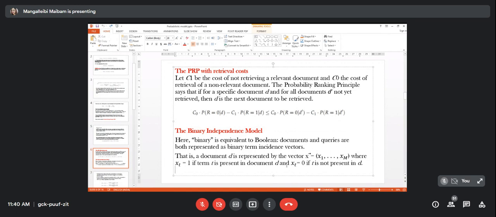The same concept we use here, but instead of the matrix, we apply vectors. So if the document D is represented by the x vector, xt is 1 if the term t is present in the document, and xt equals 0 if the term t is not present in the document.